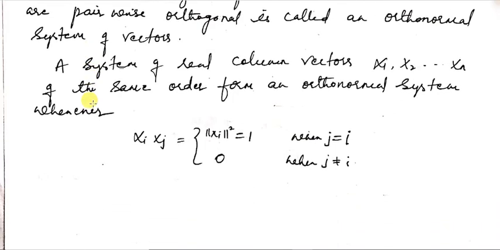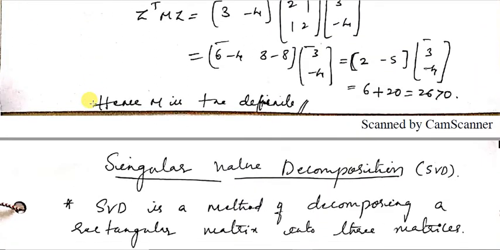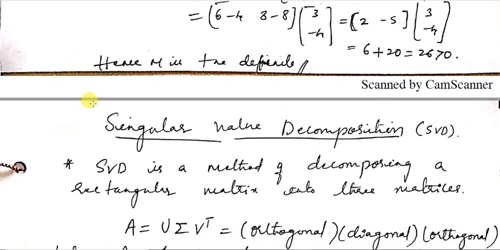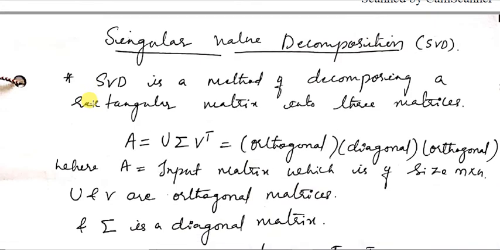So with these few basic definitions, let us discuss singular value decomposition. What do we mean by singular value decomposition with respect to the symmetric matrix? Singular value decomposition is a method of decomposing a rectangular matrix into three matrices.